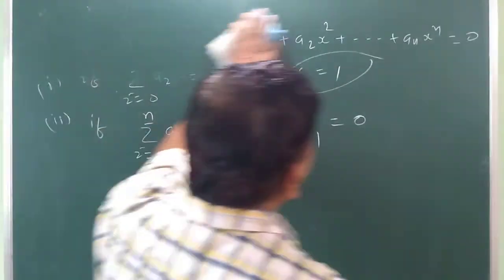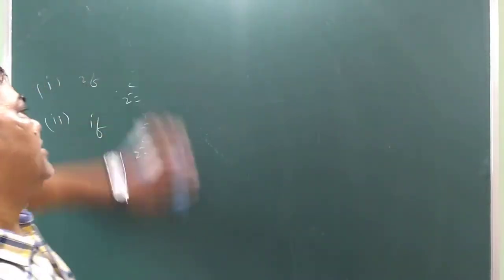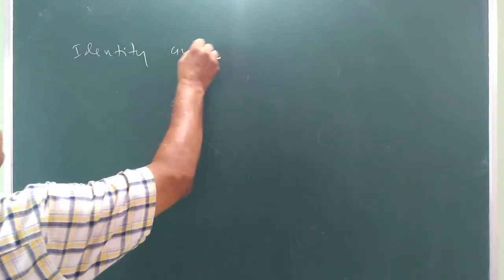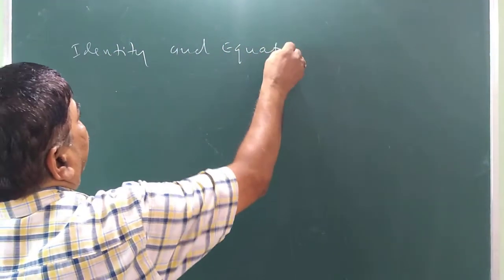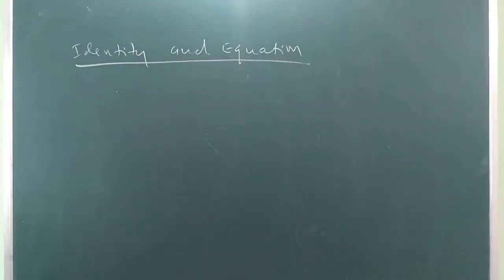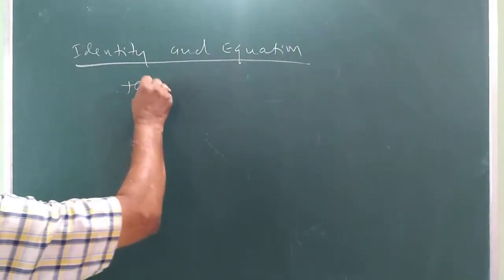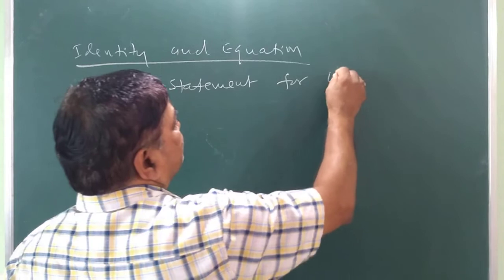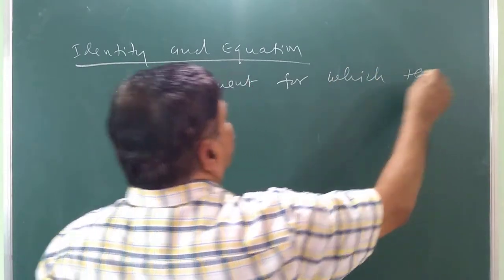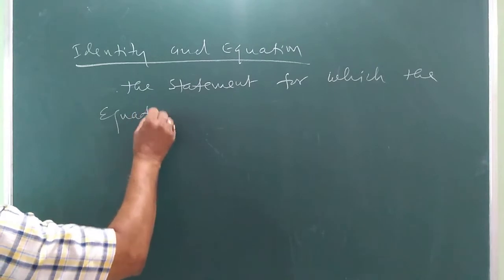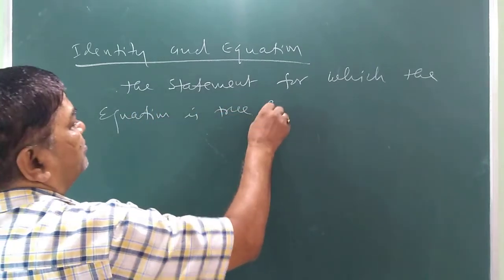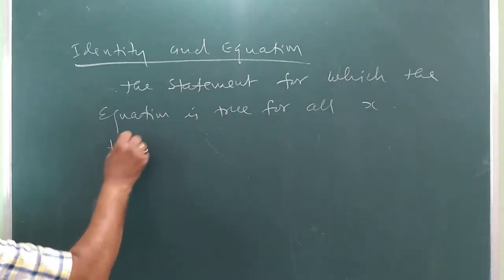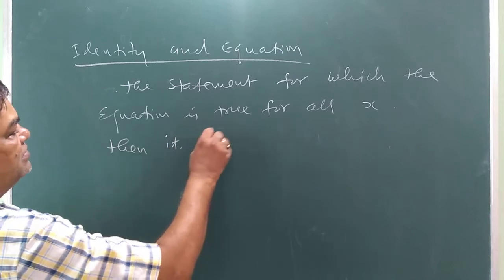Again, now what do you mean by identity and equation? What is identity and what is equation? The statement for which the equation is true for all x, then it is identity.